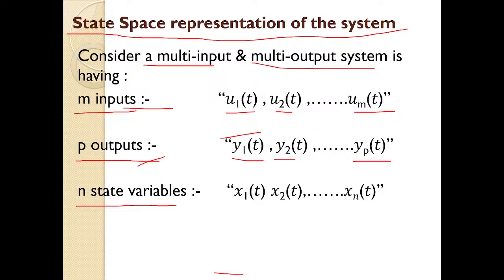And for state variables, let us assume the notation is x: x1 of t, x2 of t up to xn of t. So notation for input is u, for output is y, and for state variable is x. Just write it down.